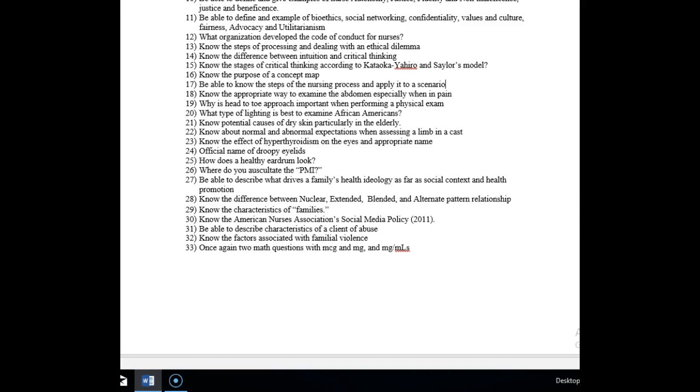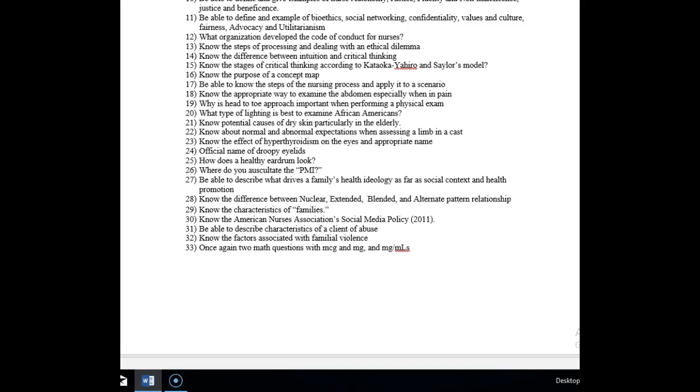Now as I'm talking, I'm actually telling you as well, look at how abnormal things look. Where do you auscultate the PMI? What is the PMI? It's the point of maximal impulse when you're assessing the heart of a person.